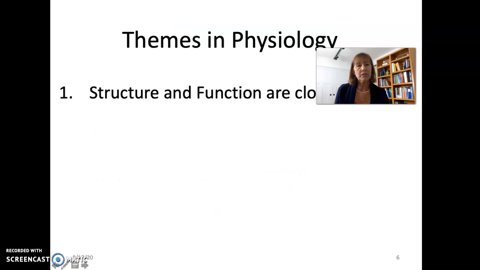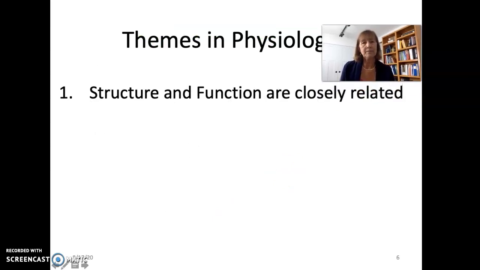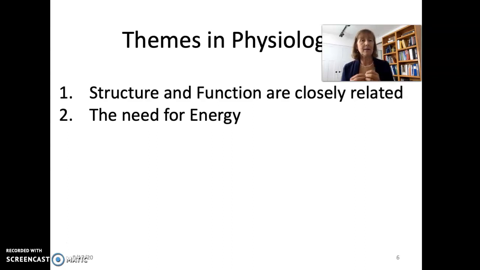When we look at the general themes in physiology, I'm going to give these to you. One, structure and function are closely related. Most of you have just finished anatomy. That's structure, what it looks like. And now we're going to talk much more about how it works, which is fascinating. I love that. We're also going to talk about energy. How does it obtain that energy to be able to perform that function?